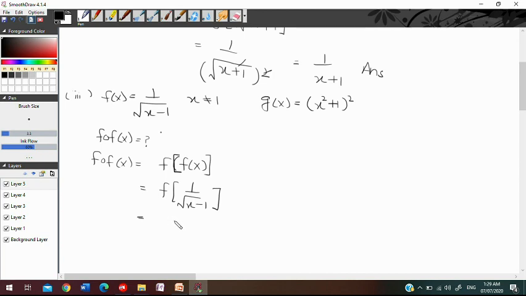We write 1 divided by 1 minus under root x minus 1, whole under root.